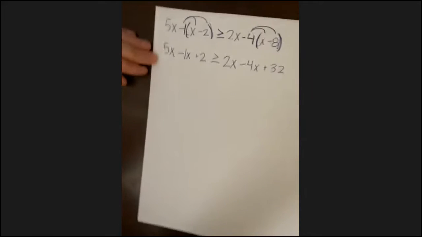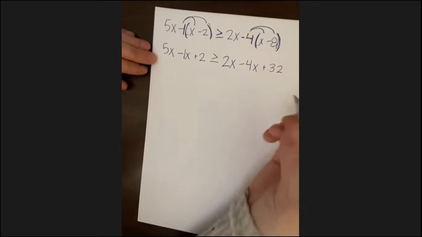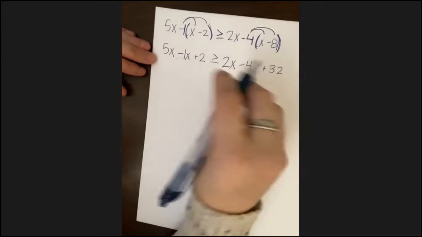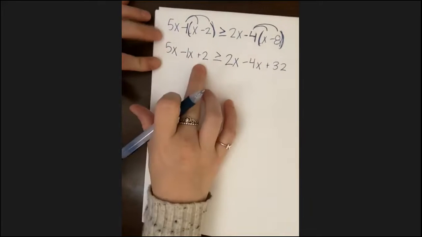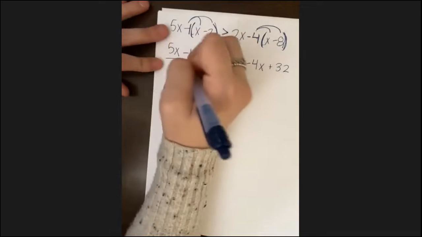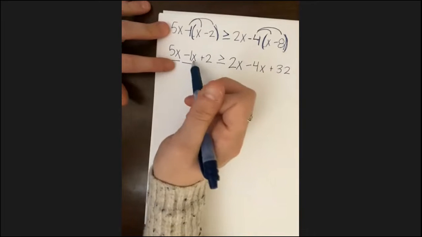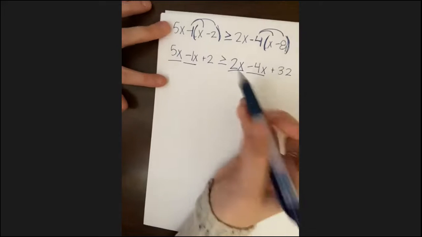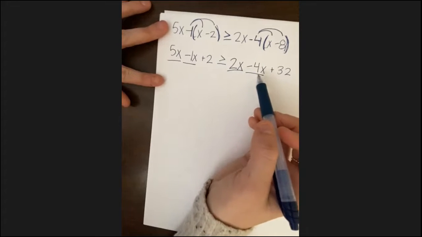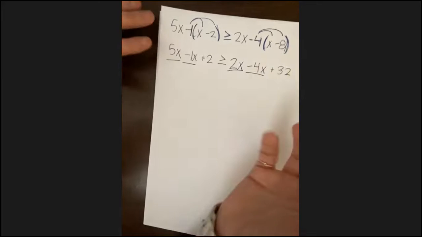Okay, so we've done the parentheses. Now after parentheses, the next step is to combine the like terms on the sides. We see the 5x and the minus 1x. Those are like terms, right? And on this side, the 2x minus 4x, they're like terms. So let's add and subtract those.